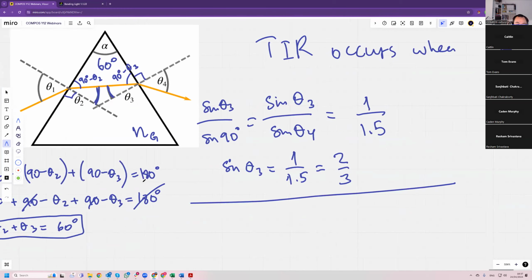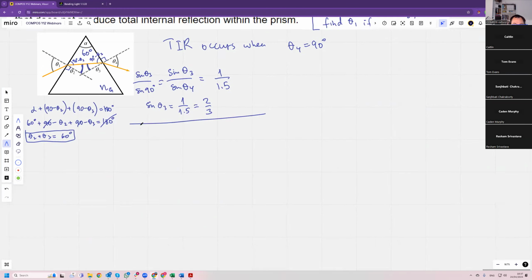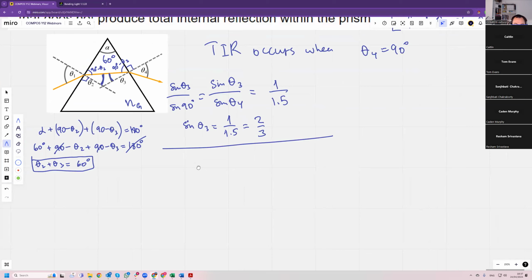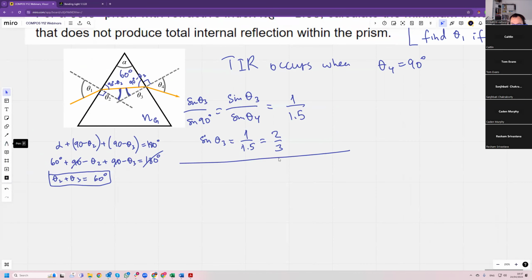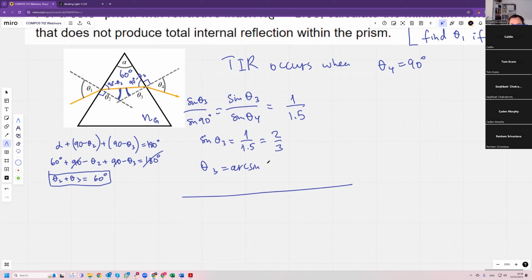Well, okay, it looks like I will need theta 3 in order to find theta 2. Okay, that's fine. I can do that. Theta 3 is arc sine 2/3, which is arc sine 2 on 3, 41.8 degrees, roughly.